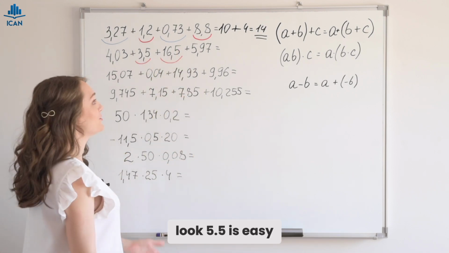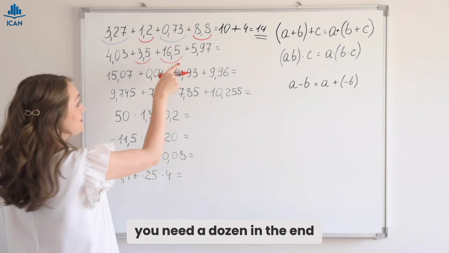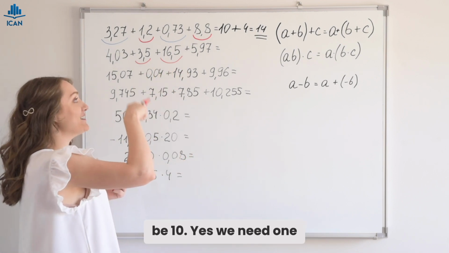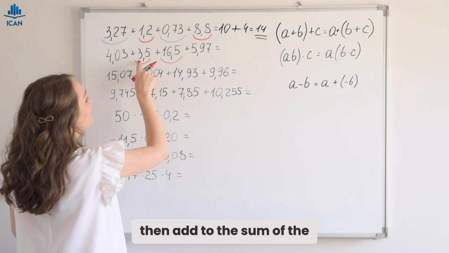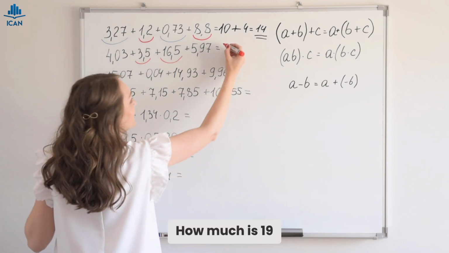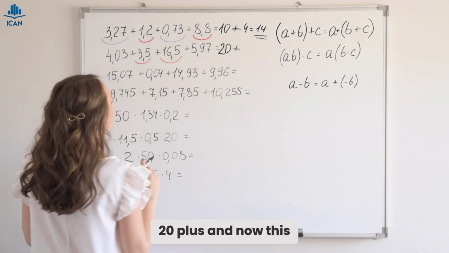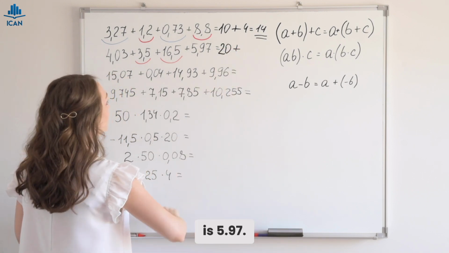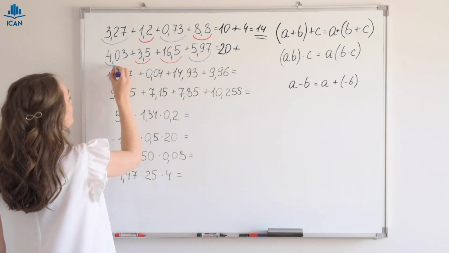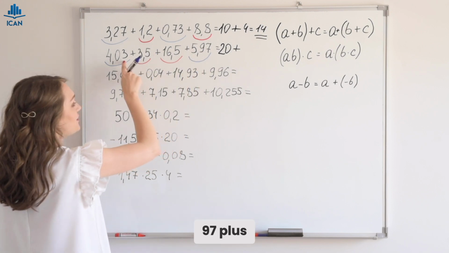Well, look, 5.5 is easy, yes, but it's very simple because you need a dozen in the end. Find, yes, 5 and 5 will be 10. Yes, we need 1. Then add to the sum of the whole parts. 3 plus 16. How much is 19 plus 1? 20, yes. 20 plus, and now this is 5.97. 4.397 plus 3.